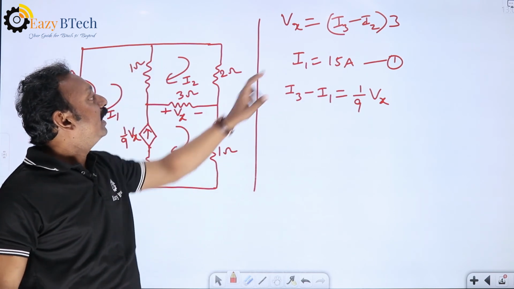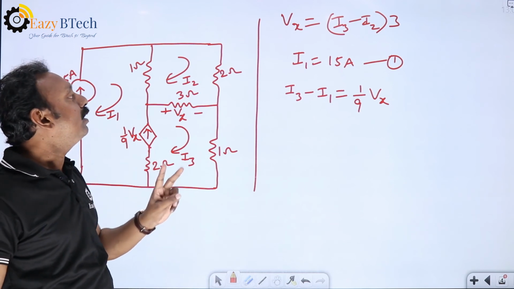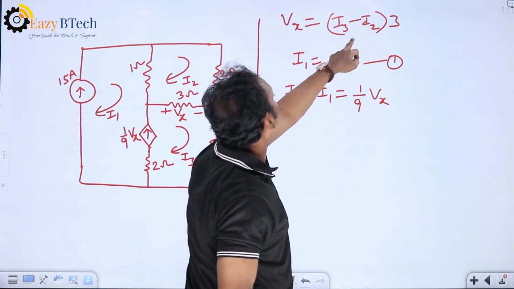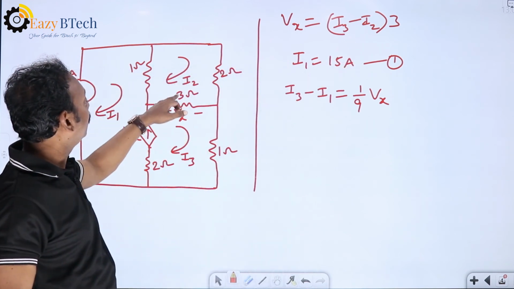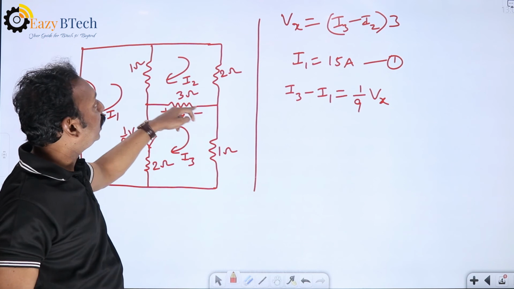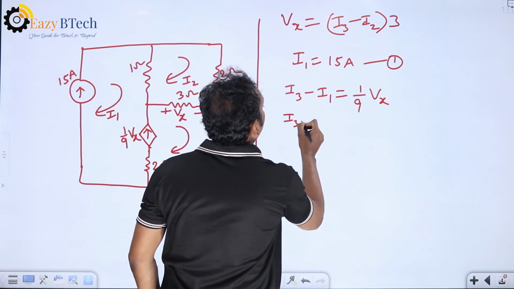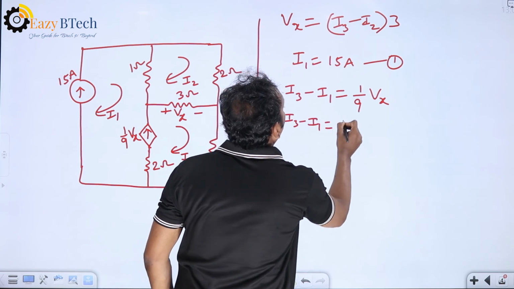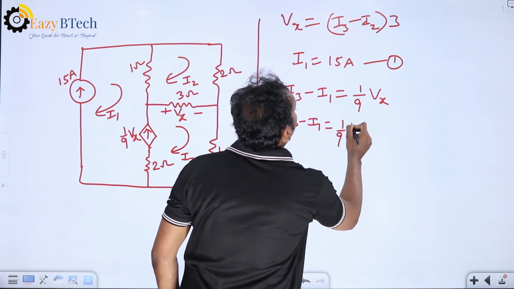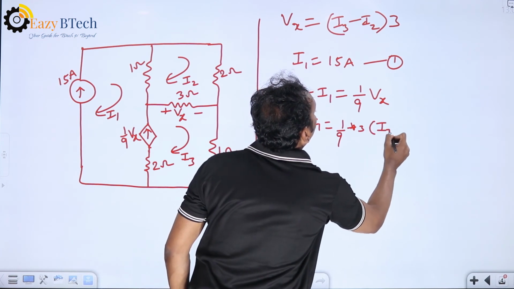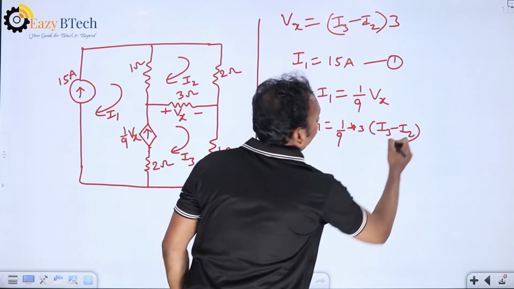What is Vx? Everything we have to write in terms of the loop currents only. So Vx we already converted in terms of loop currents. Vx depends on the voltage across 3 ohms, so (I3 minus I2) into 3. Substitute that value. That is I3 minus I1 equals 1 by 9 multiplied by 3 into (I3 minus I2).